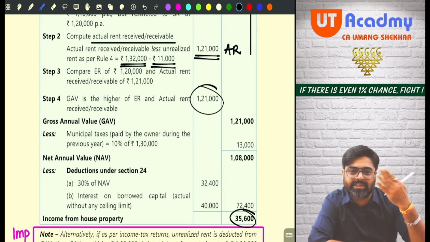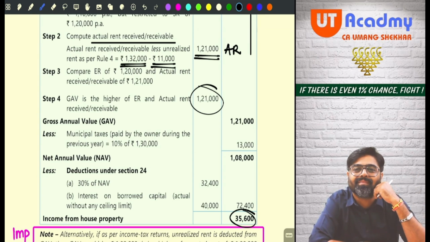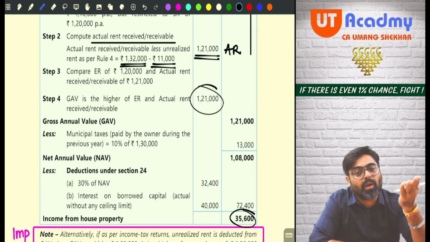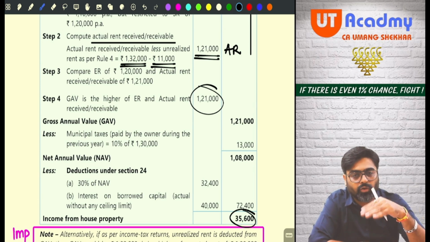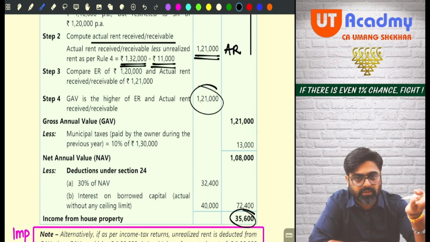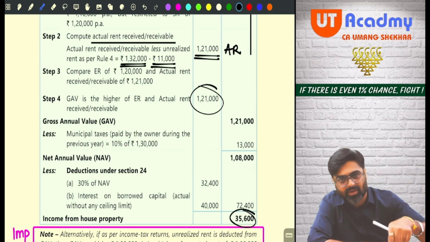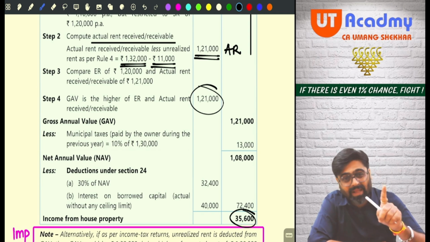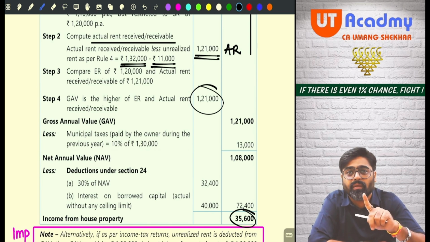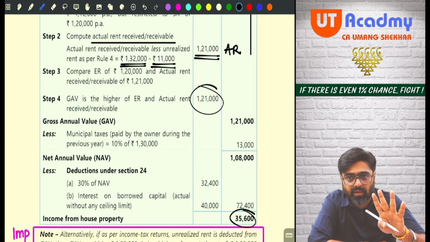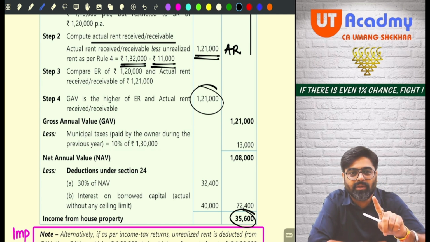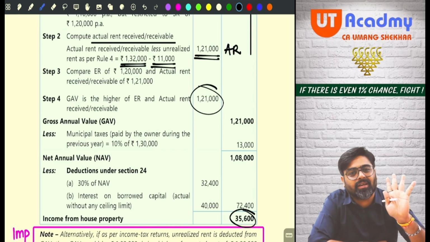So for us also GAV was 1,21,000 only, no? So if we reduce unrealized rent from GAV, then also final GAV taxable was 121. Here also it is 121. But sometimes this amount may differ. But this time it is fortunately the same. Getting my point? In both the ways, our answer is correct only.